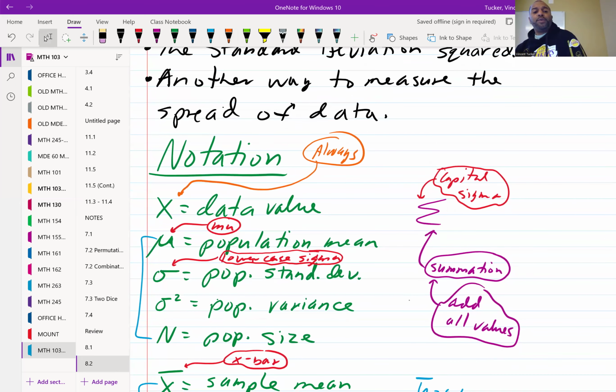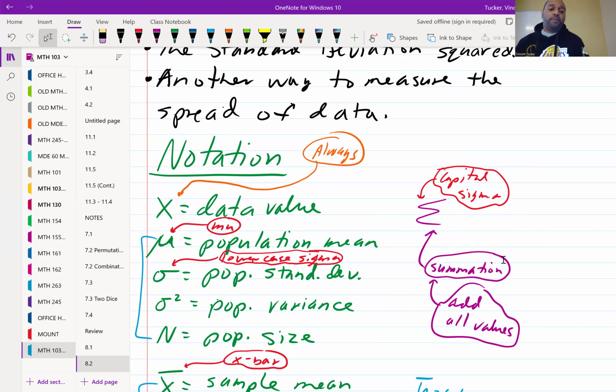And then the Greek letter mu, which looks kind of like a U with an extended stem to the left, is your population mean, the population average. The letter O with the stem extended to the right is your population standard deviation. That's the Greek letter sigma, actually lowercase sigma. I know most of you have seen capital sigma, the symbol right here, which represents the summation, the adding up of all values.